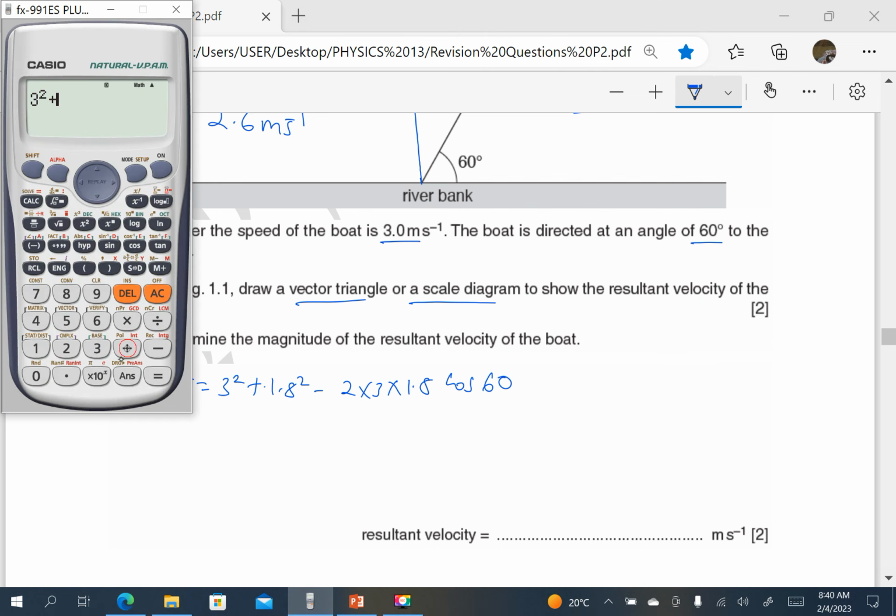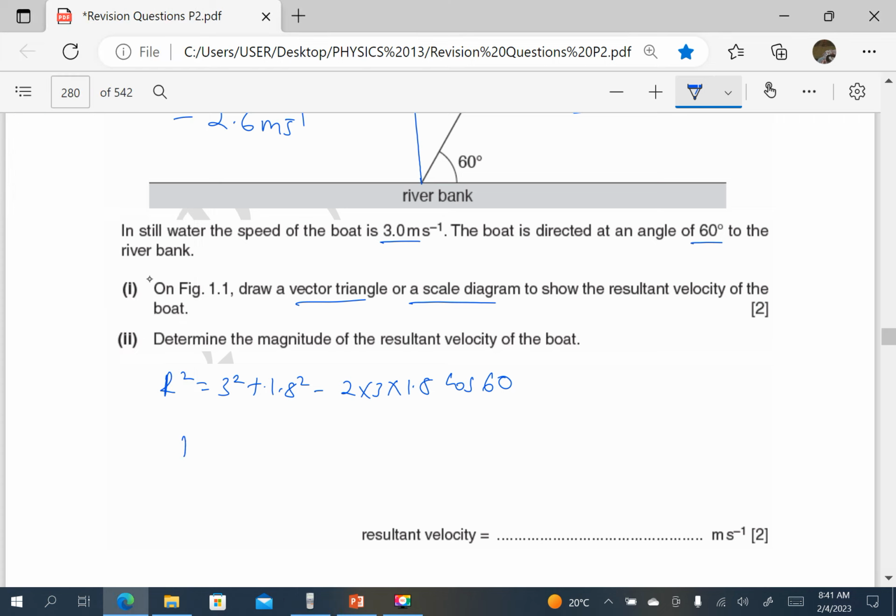So 3 squared plus 1.8 squared minus 2 times 3 times 1.8 cos of 60. Then we find the square root of the answer, which is 2.6. So R is 2.6.